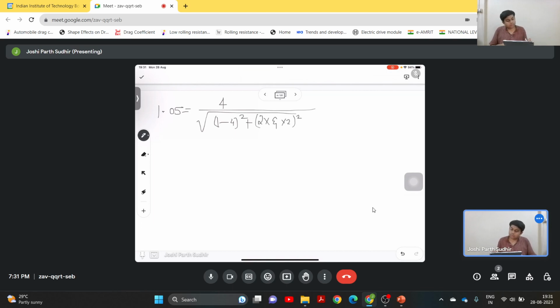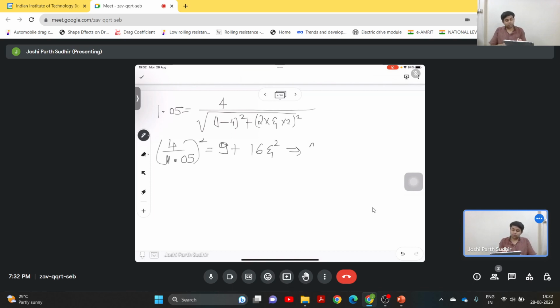So we get (4 upon 1.05) the whole square is equal to 9 plus 4 into 4, the whole square is 16, zeta square.